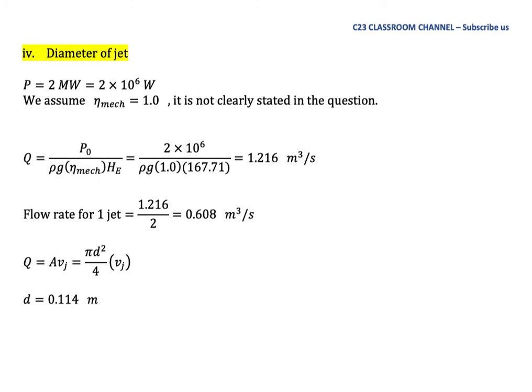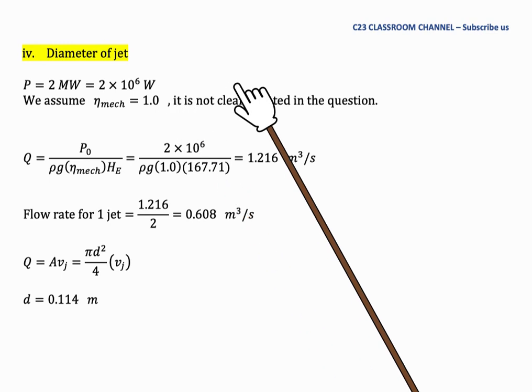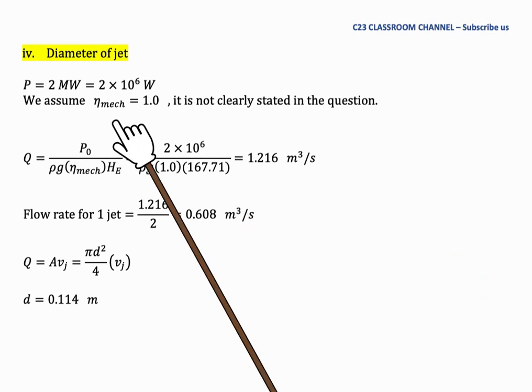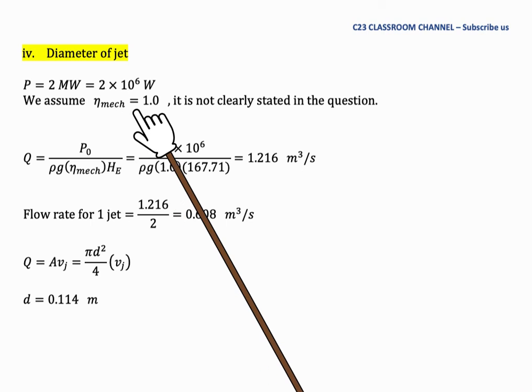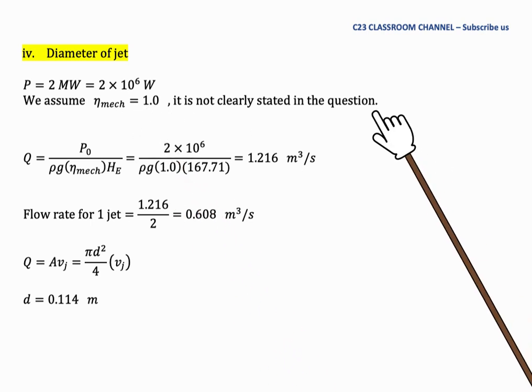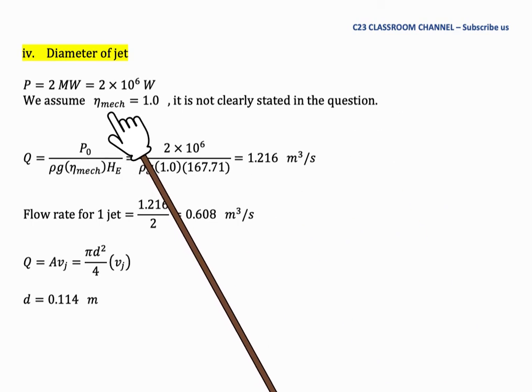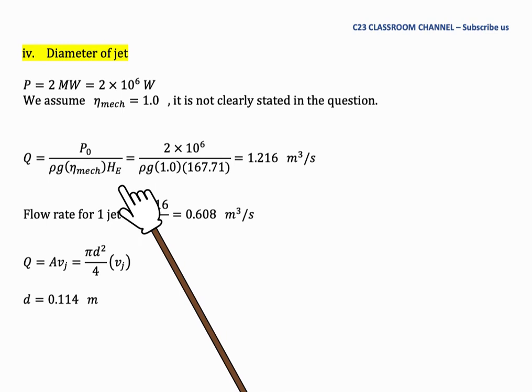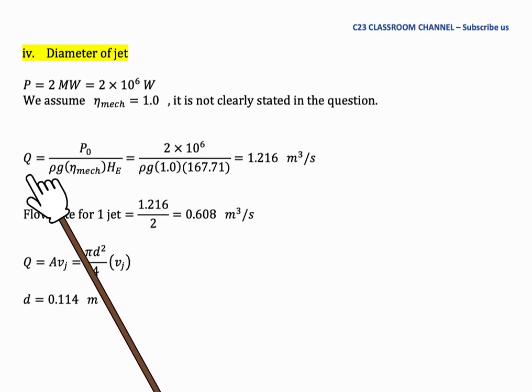Now we are calculating the diameter of jet. From the question, we know that the power output is 2 megawatts, and we assume the mechanical efficiency is equal to 1.0 because it is not clearly stated in the question. From the equation of mechanical efficiency, we could calculate the flow rate.